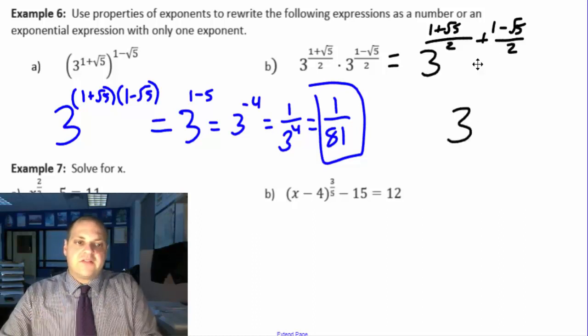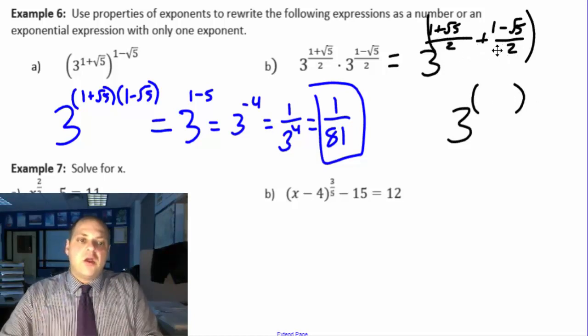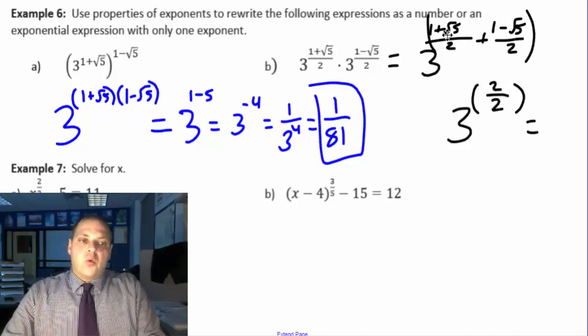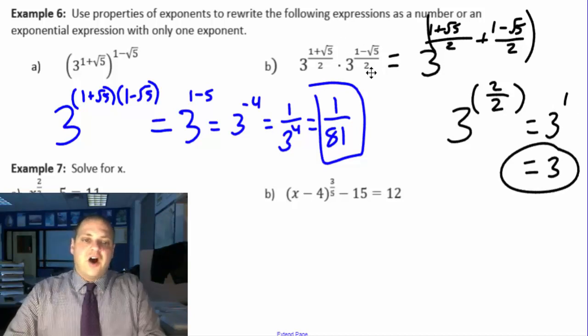So that's going to be 3 raised, and that's all in parentheses, 3 raised to the 1 plus, we have a common denominator, 1 plus 1 is 2, and then radical 5 minus radical 5 is 0, and then over 2, because you keep the denominator. Now look what just happened. 1 plus 1 is 2, the denominator stays 2, 2 over 2 is 1, this becomes 3 to the first, which is just 3. So this ugly stuff is equal to 3.